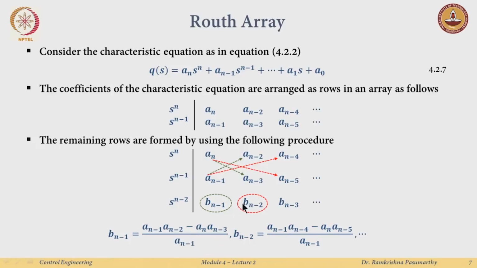Similarly, I compute Bn minus 2, starting with An minus 1 and going to the next row, An minus 4, An minus 5, divided by this coefficient. You could look at this as a matrix, where the numerator is just the negative of the determinant of that matrix, and I divide by this coefficient here.